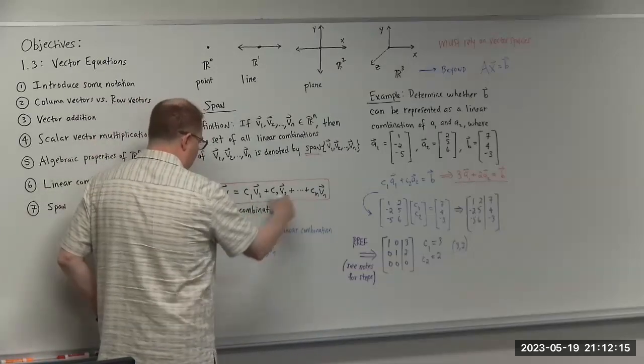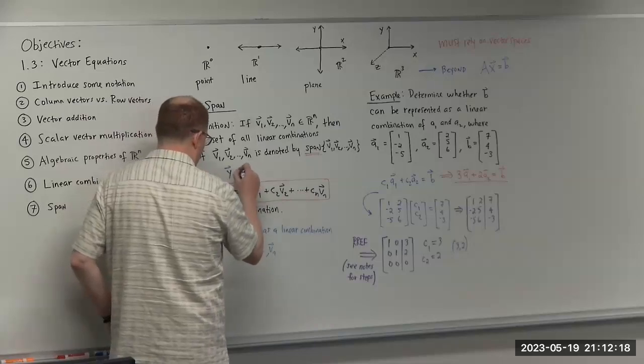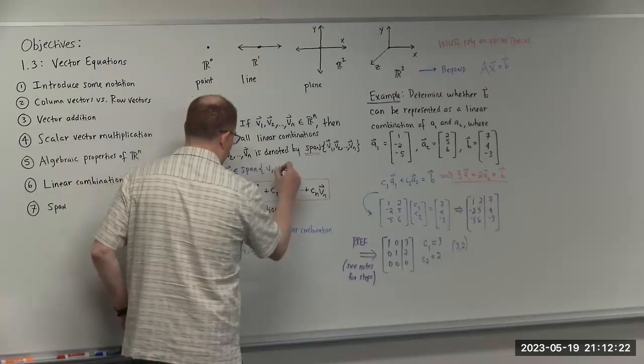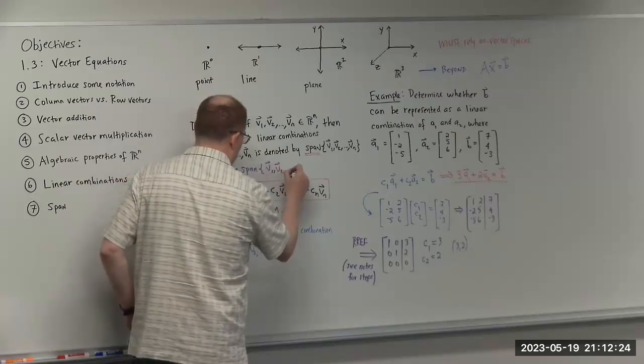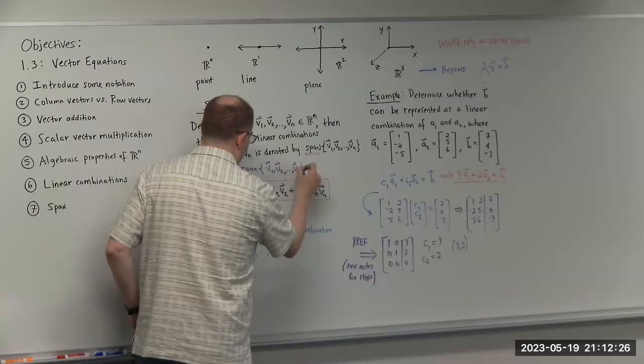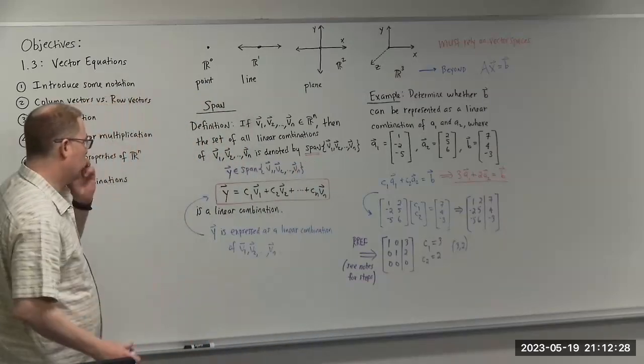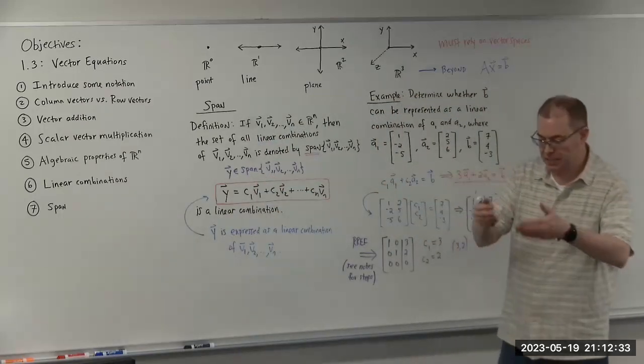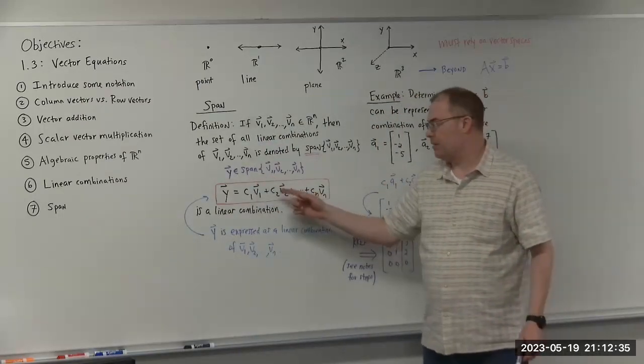So going back here, what we can say is that y lives in the span of v1, v2, v sub n. So it's a set of all, right? When we say a vector is in the span, that means it can be written as a linear combination.